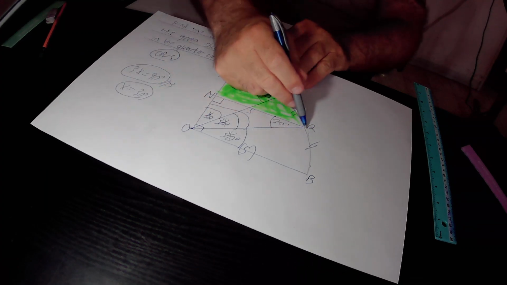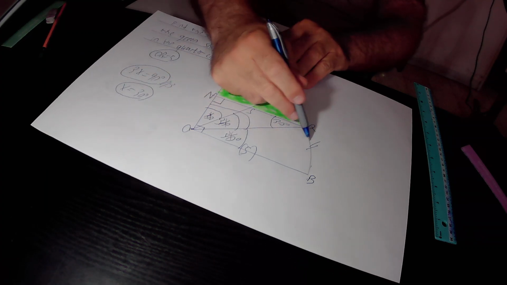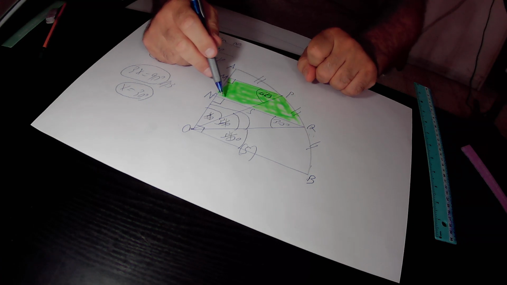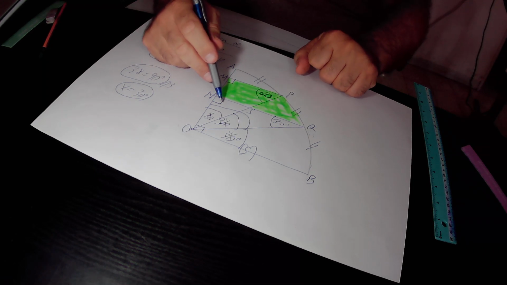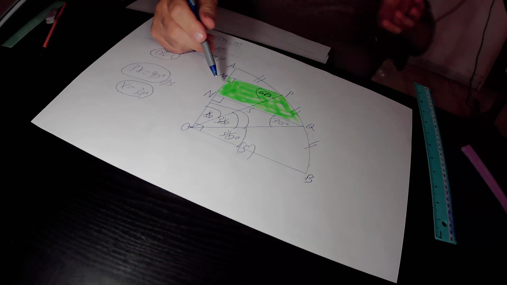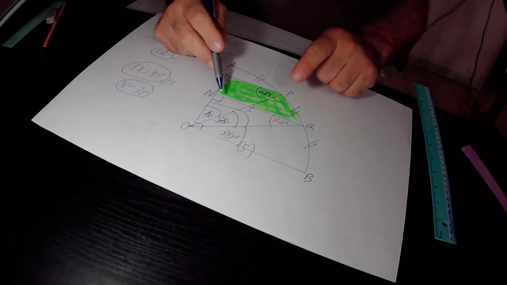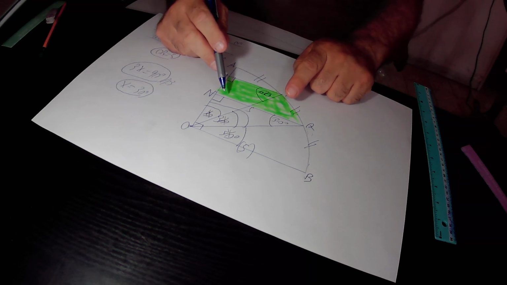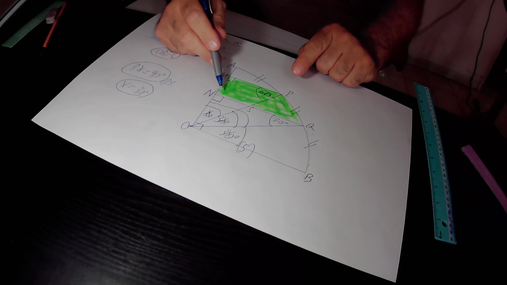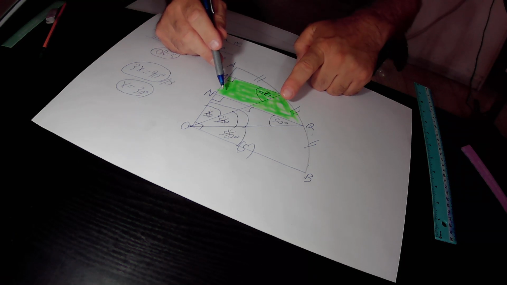So the area of this triangle, the right triangle NQO, consists of two components. It consists of the area of this right triangle NSO plus the area of this right triangle SQO. That is to say, the big right triangle NOQ consists of exactly two triangles, and therefore the area of the right triangle NQO must be equal to the sum of the areas of the two components that it consists of.